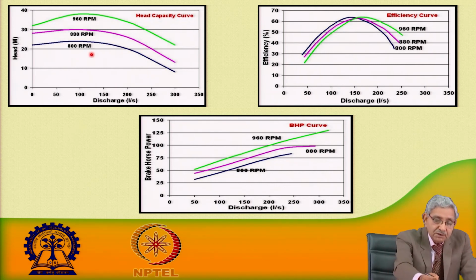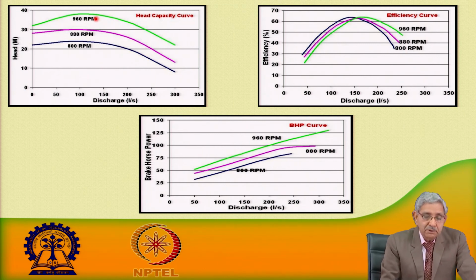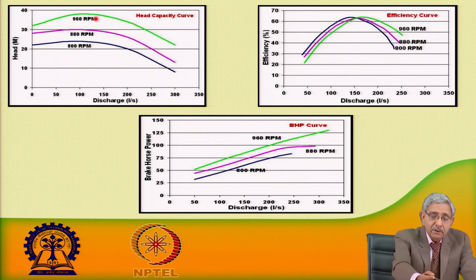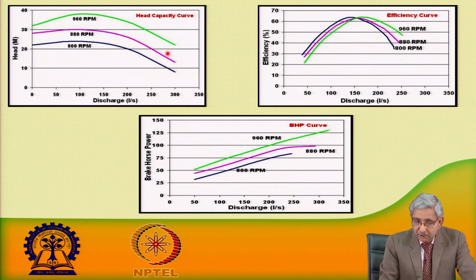Up to a certain discharge the head increases with increasing discharge, but after reaching a particular value, it starts decreasing. However, higher speed produces higher head, at higher discharges, up to a certain value.